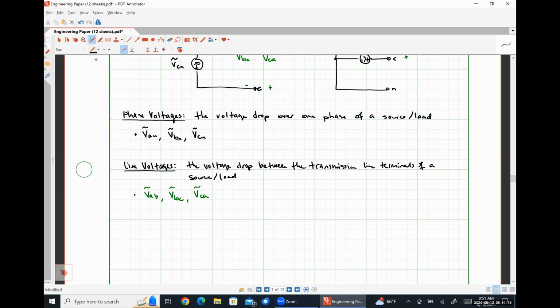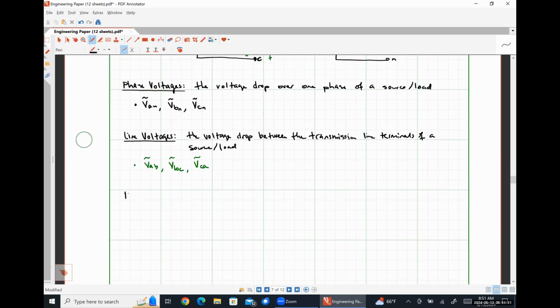Okay, so phase currents. So a phase current is simply current flowing through one phase of a source or load.